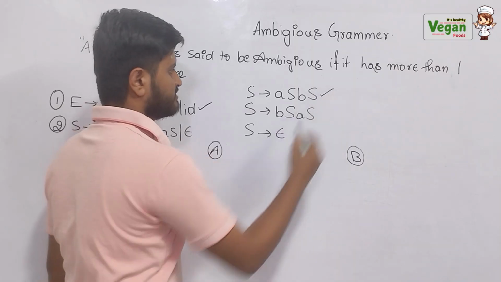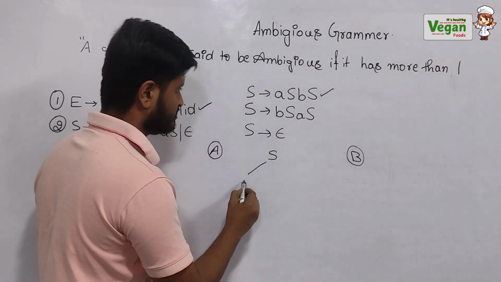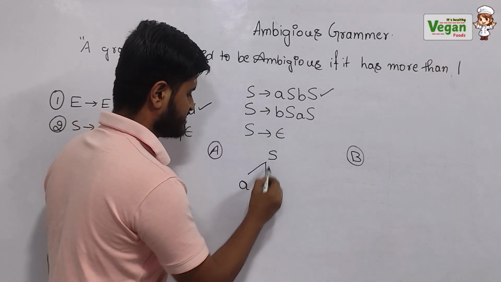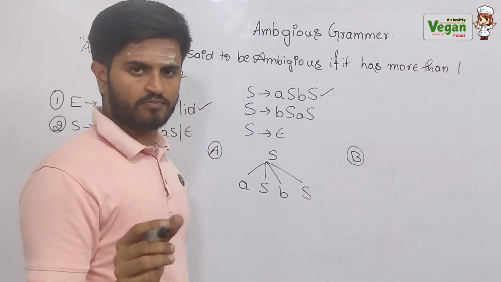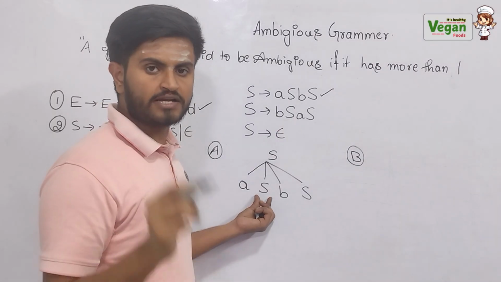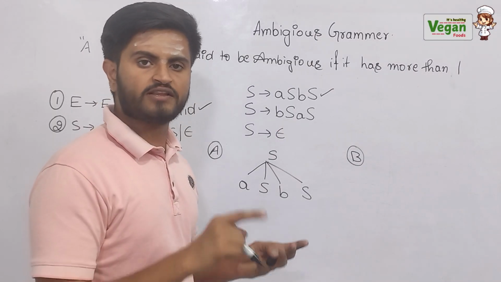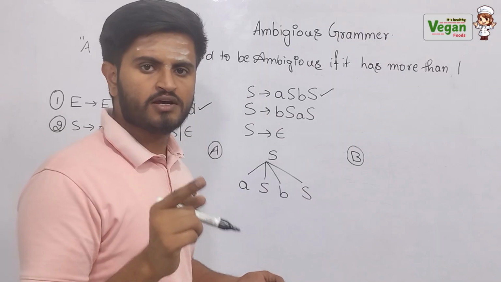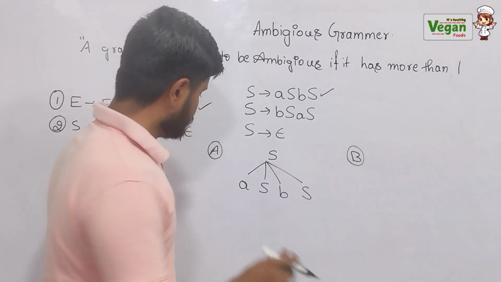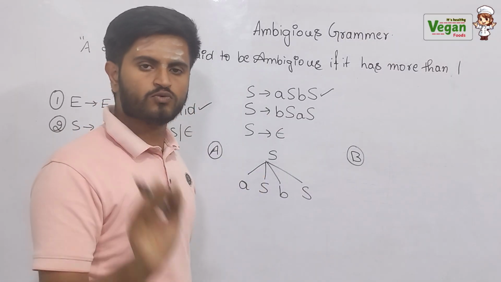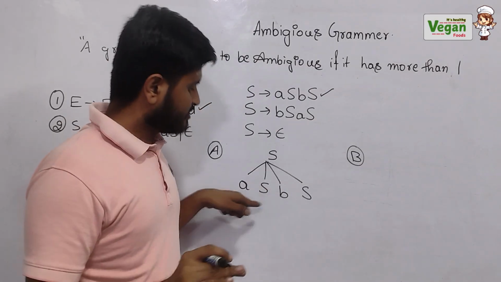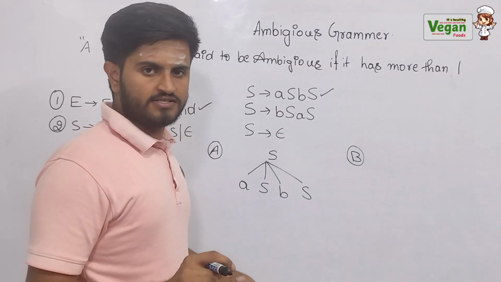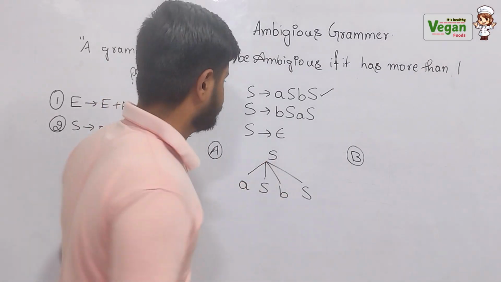First I will take this production, S producing ASBS. One thing to keep in mind: you can only expand the capital letters; you can't expand the operators, that is plus, minus, into, and you can't expand the small letters.